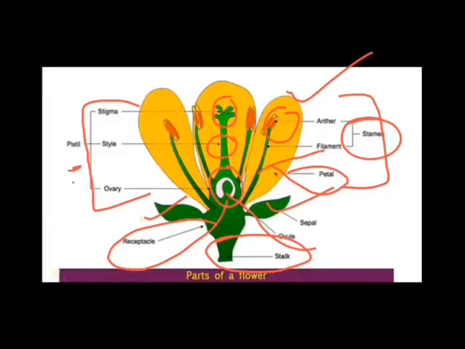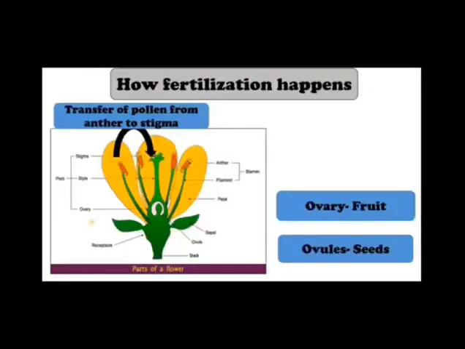Now we will try to understand how fertilization happens in a flower. I told you that anthers are the pollen producing parts, and pollen grains are produced in the anther. These pollen grains are transferred from the anthers to the stigma of the flower. How?